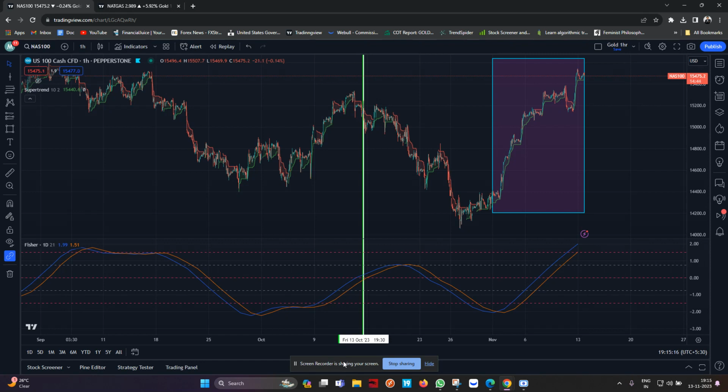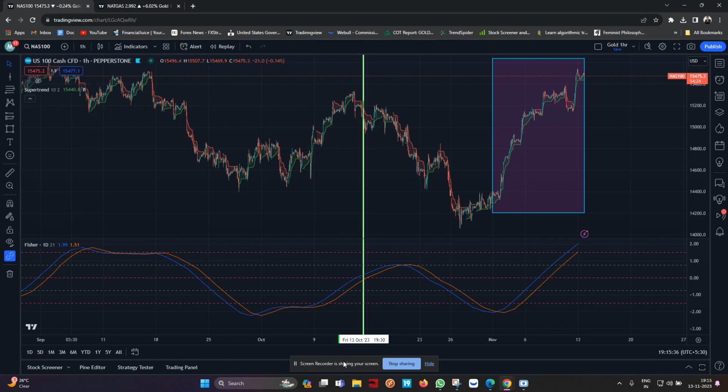Those things happen, but we will not see that reflected on the Fisher, because we are using a 21-day Fisher, which roughly rounds to 1 month of price action.